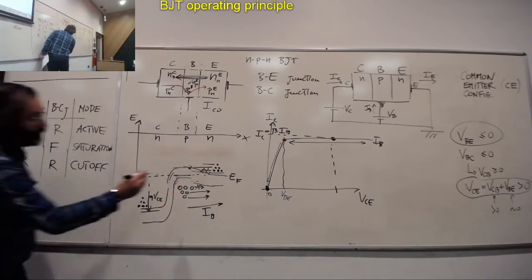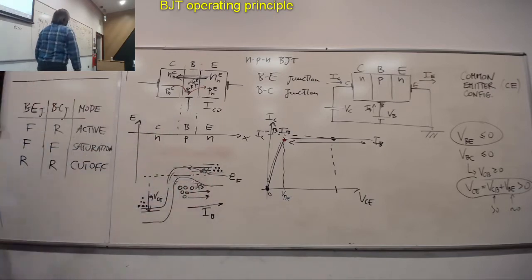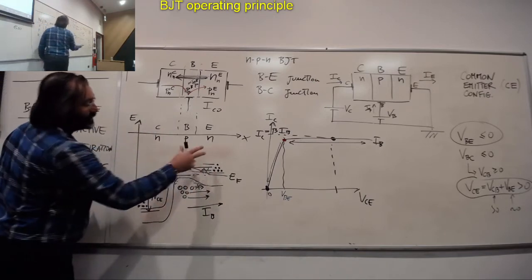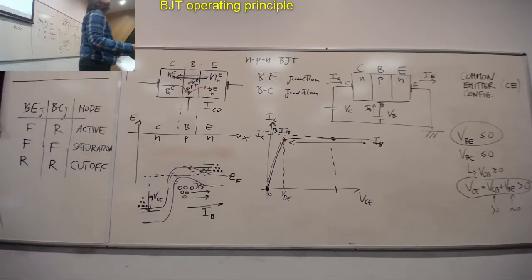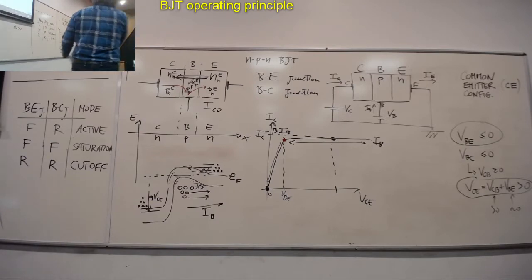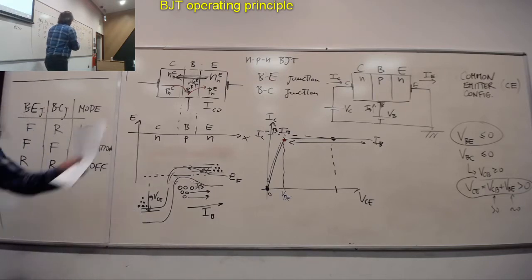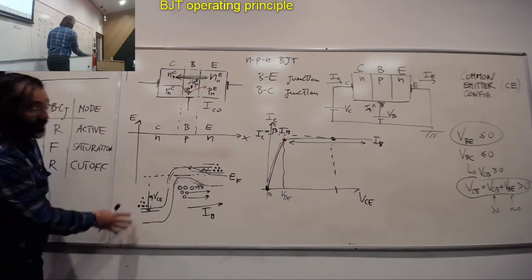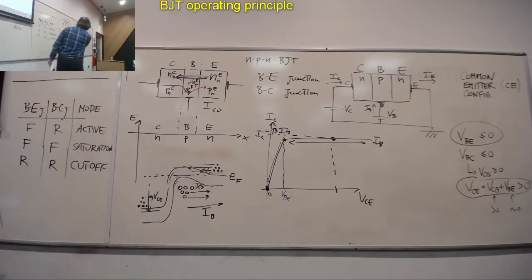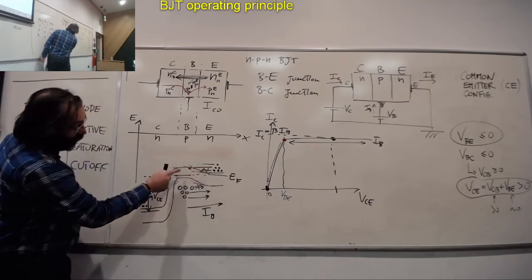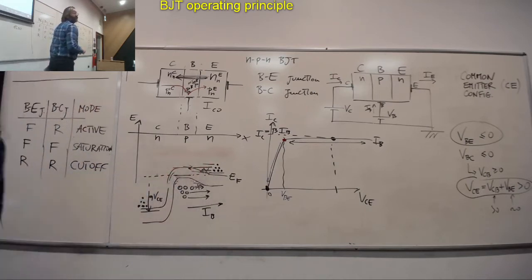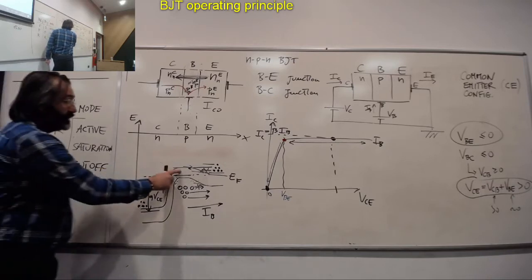But in this situation, this BE junction is off effectively. There is zero bias across, and so there is nothing coming on the other side as well. Whatever you do here, you won't get anything, because these carriers can't go over the barrier, because this junction is off.